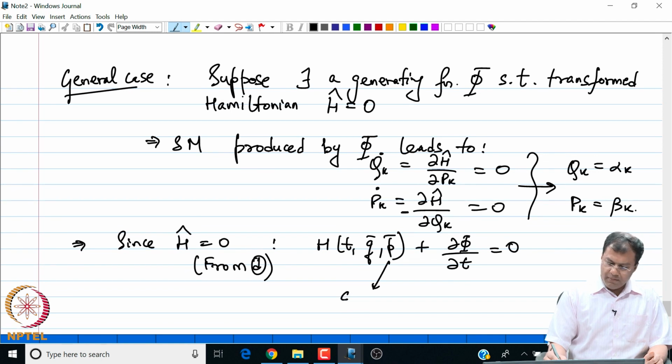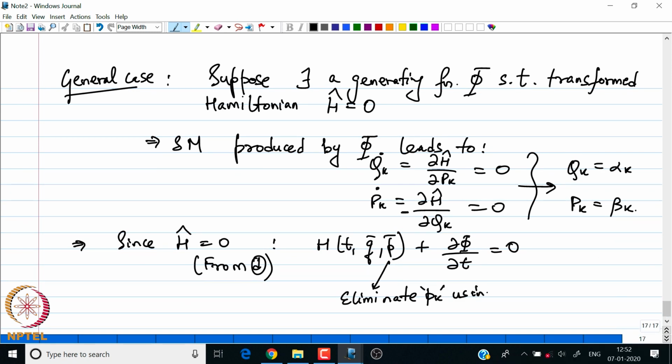So we eliminate the pk's using pk equal to partial phi partial qk. That is the relation obtained from the generating function itself.